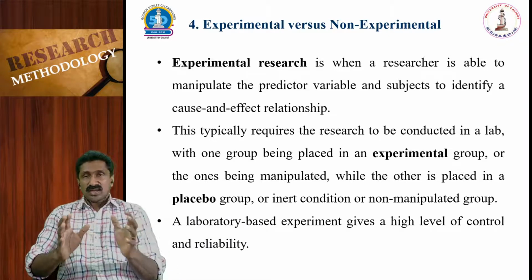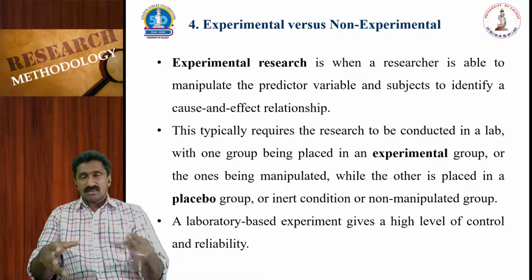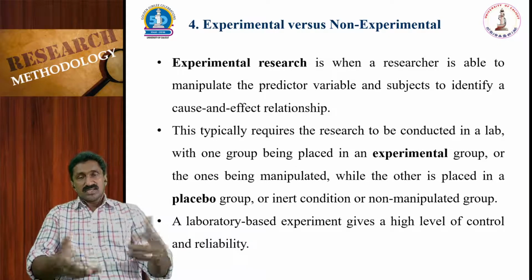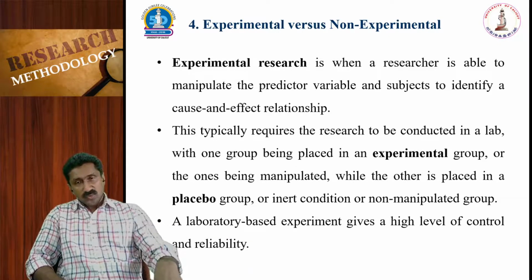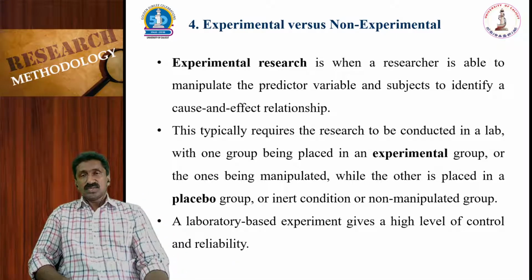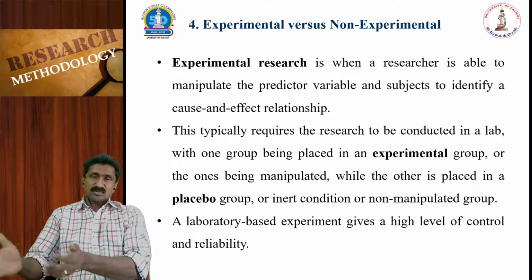This is what we actually use in our experimental works, where you will have a control group. For example, if you are performing some work on rats, then you administer some drug and see the effectiveness. Then there will be a set of rats that will act as the placebo or control group, the unmanipulated group. Then there are one or two experimental groups.